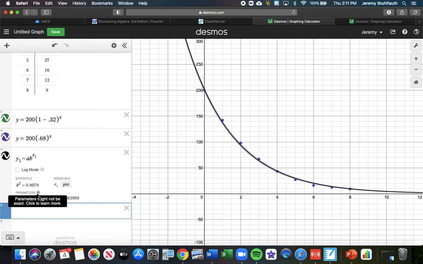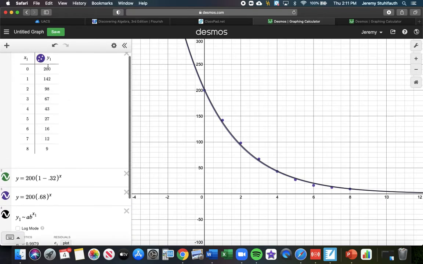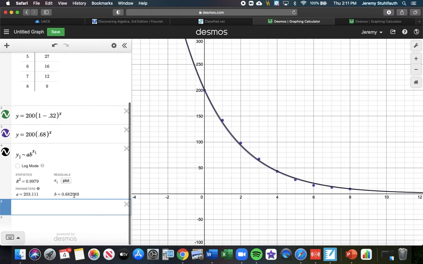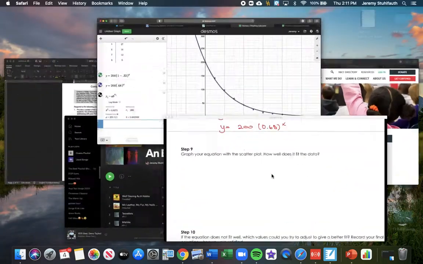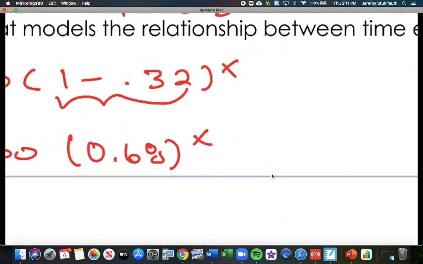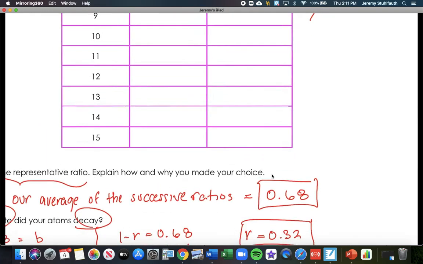One thing to pay attention to is that the starting value it gives you might be a little bit different than what we are starting with, so you always want to use the starting value from our problem. But it tells you the value of b right here, 0.68, which, if you remember, is the exact same value for b that we got by looking at our successive ratios.